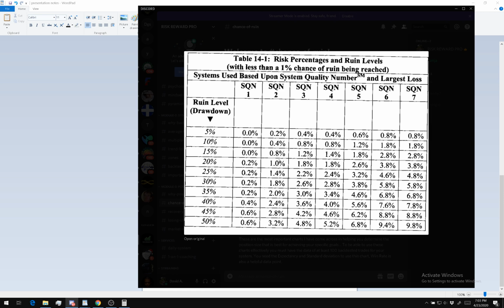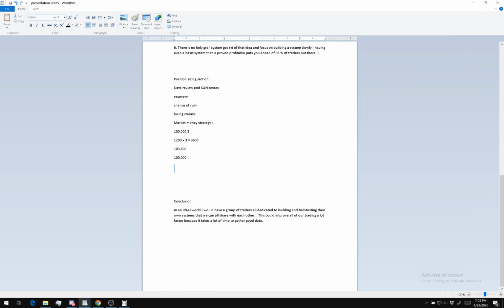So what we are doing here is we're protecting our core value. We'll call this core value.